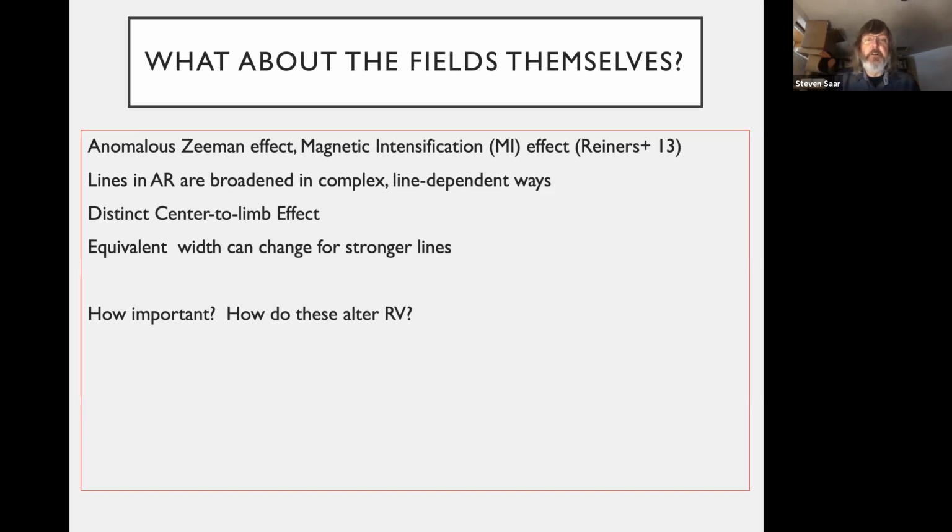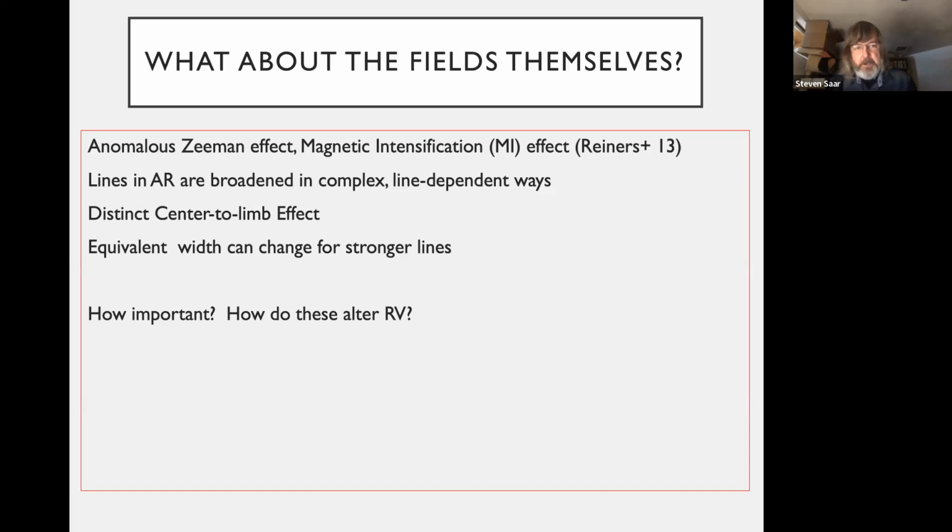The line is basically split into two parts: there's the circularly polarized and linearly polarized components, and they have different center-to-limb effects. And as I already mentioned, the equivalent width can change in stronger lines. You can imagine all these things working on your local magnetic line profile that's now traveling in a plage across the disk of your star.